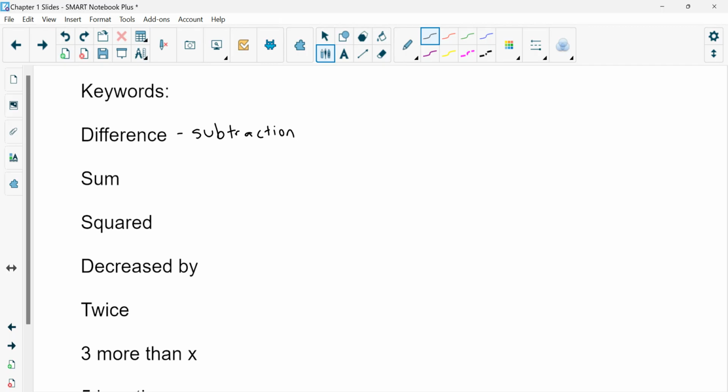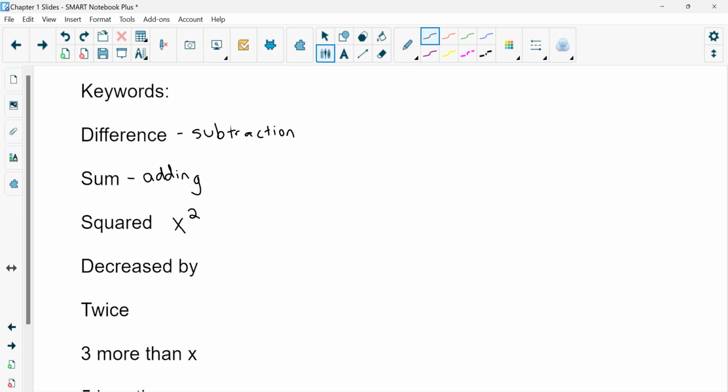If you're saying sum, you are adding. If it's squared, remember that means the exponent of a 2. So I'm just going to put a 2 up there, or x squared. Decrease by would mean you're going to do what operation?